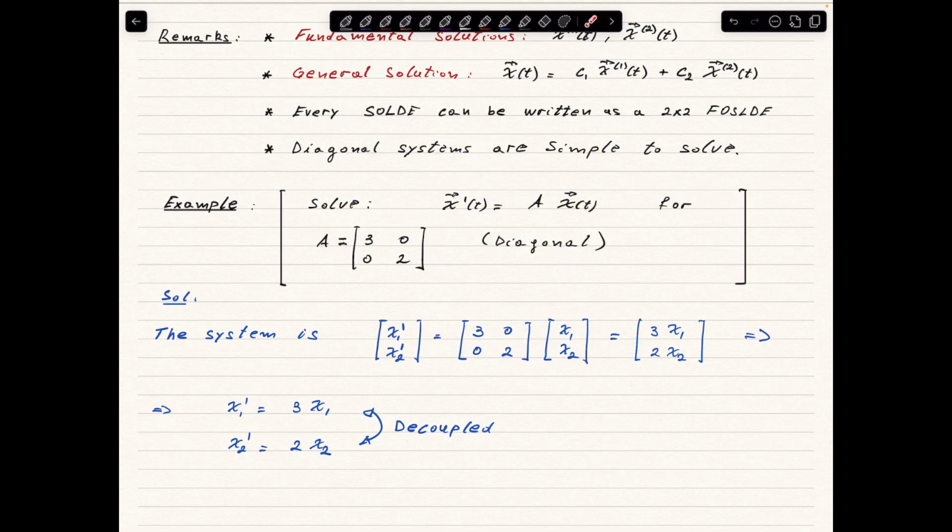And the solutions are very simple, because both of these equations are actually the exponential growth equation.